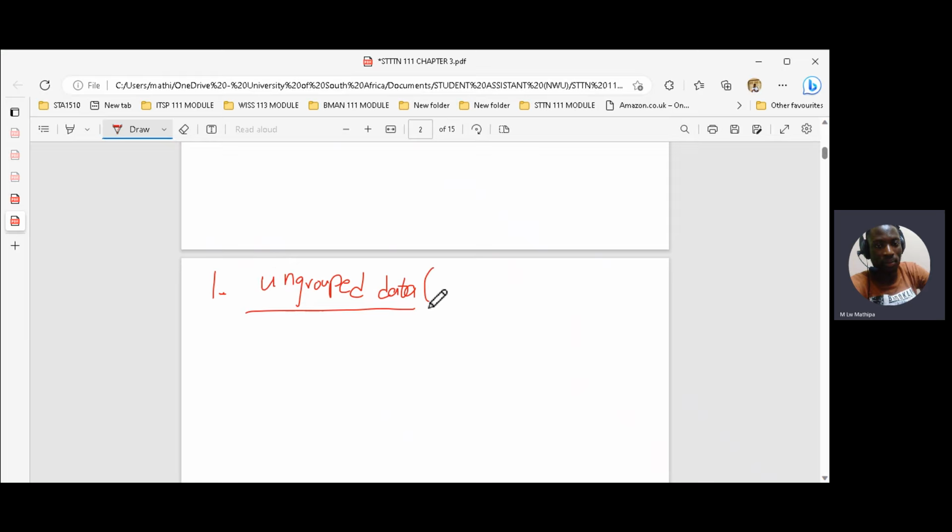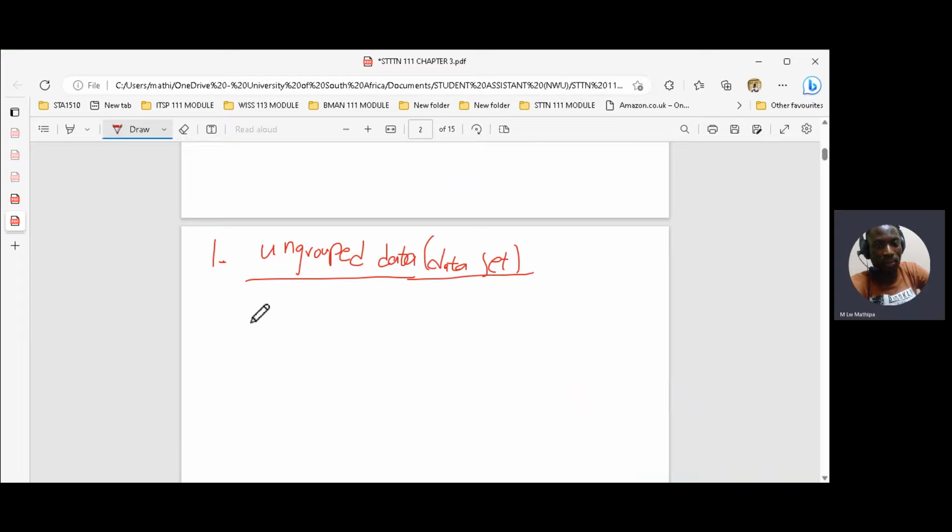For you to say that it's ungrouped data, you will always be given a data set. For example, let's say we have 3, 2, 9, 10, 5, 6, and 15.